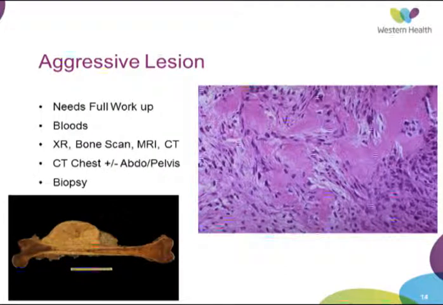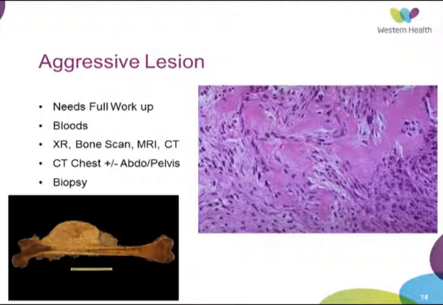When we look at aggressive lesions, these people need a full active workup right away. Obviously, a full blood panel. Now, all of these blood tests are never going to give us a very clear diagnostic picture. But what we're trying to do is assess the whole health of the patient and see if there are any signs of advanced disease, like losing albumin, and tailor the aggressive nature of our workup.